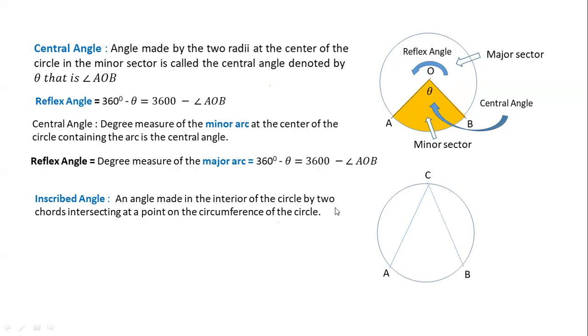BC is another chord. So this is one chord, another chord, and in the interior of the circle, they intersect at a point on the circumference of the circle, that is point C. This angle is called the inscribed angle. It is denoted by theta, and this is the inscribed angle. Hope I am clear.